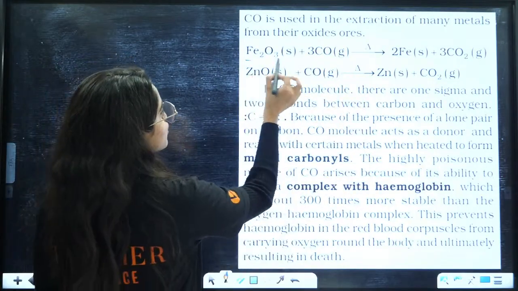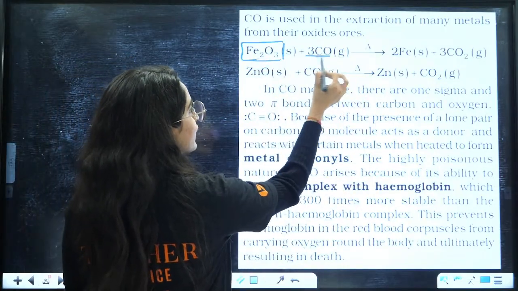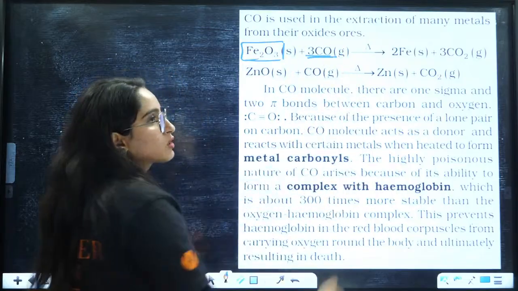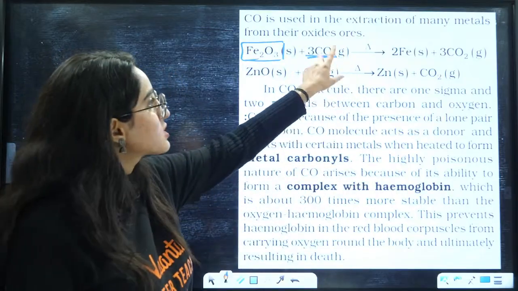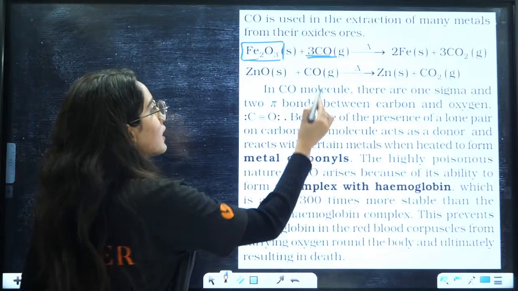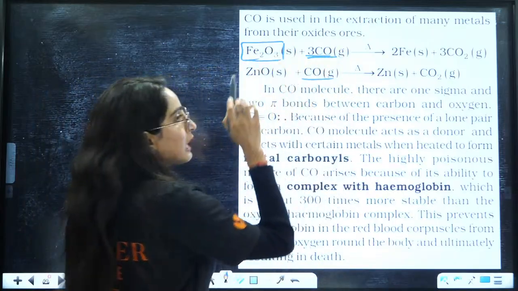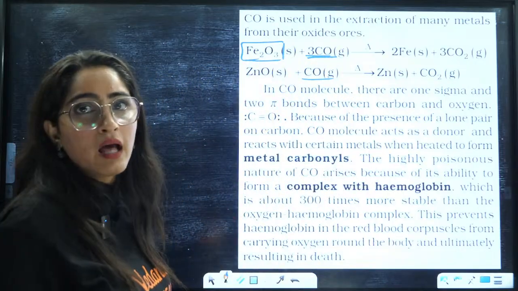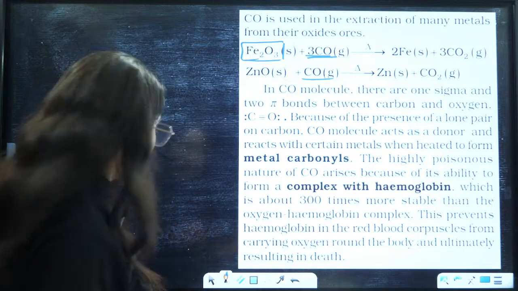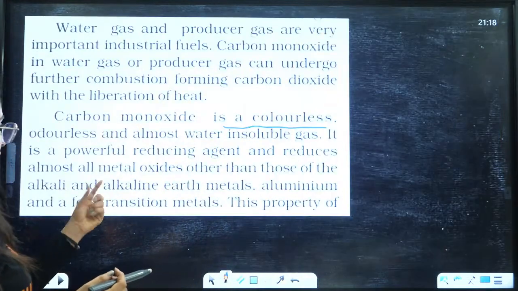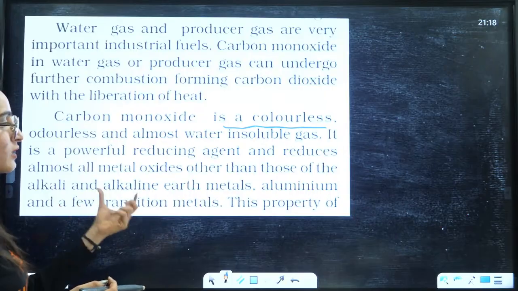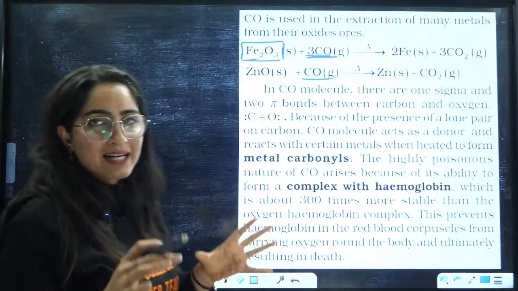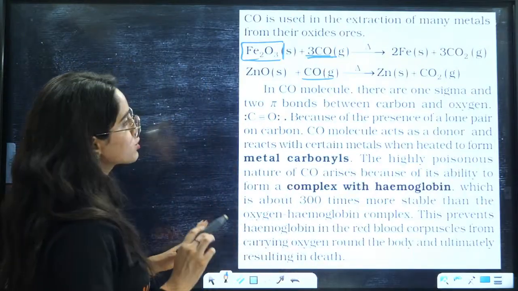So, on treating with carbon monoxide, it will take out the oxygen. It will act as a reducing agent here, right? That is why it can purify oxides of all metals except alkali and alkaline earth metals, aluminium and a few transition metals.